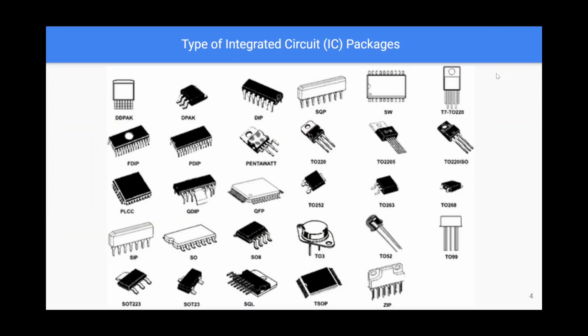to our next slide. The IC packages can come in different forms and shapes, as you can see here. We are not going to go through all the names; this is just to show you that IC packages, integrated circuits, come in different forms and shapes. Let's go to the next one.